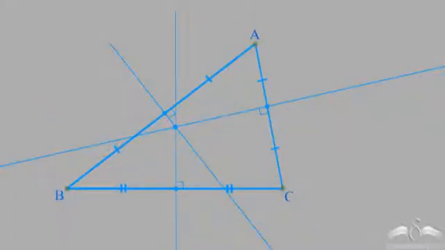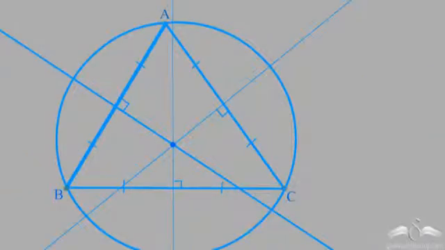So it is not necessary that the circumcenter is always inside the triangle. You can have the circumcenter outside the triangle also. As long as the perpendicular bisectors are intersecting at a point, that point is the circumcenter. Circumcenter is actually the center of a circle which is around this triangle. So it is the center of a circumcircle.